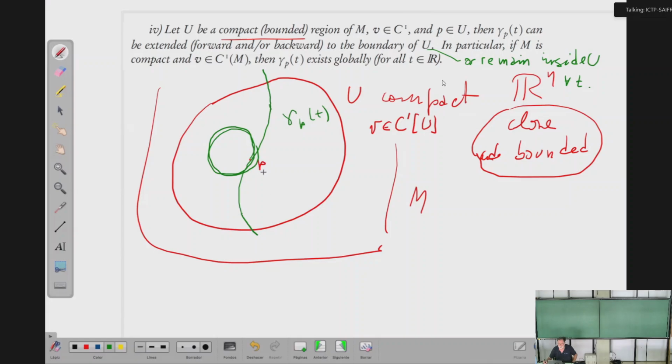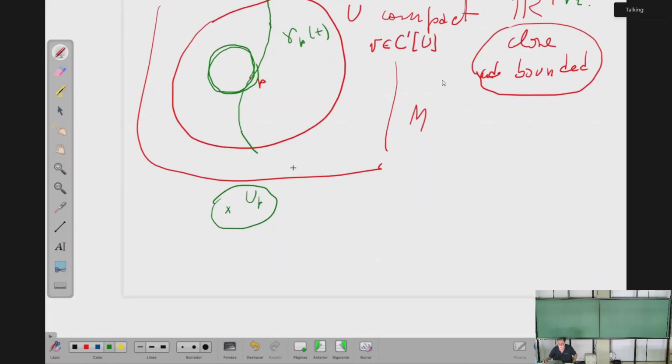We know this theorem that says given any point x in this neighborhood, there will be a neighborhood of this point, UP, such that there will be a curve going through every point Q here, staying inside this neighborhood, and with some finite interval, UP, where the solution exists.